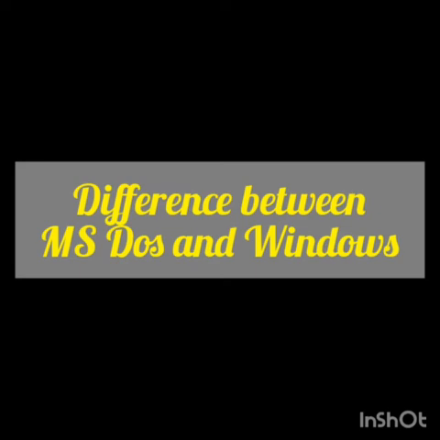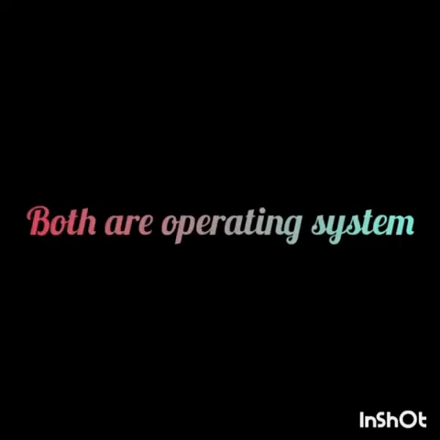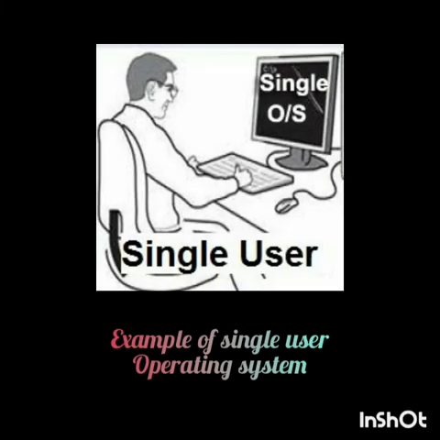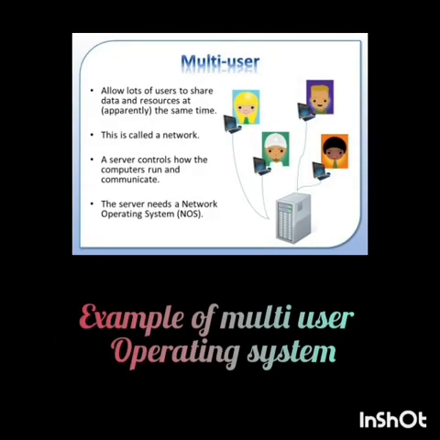So students, MS-DOS is an operating system and MS Windows is also an operating system. MS-DOS is an example of a single user operating system, whereas Windows is an example of a multi-user operating system.